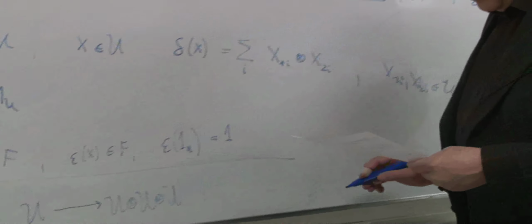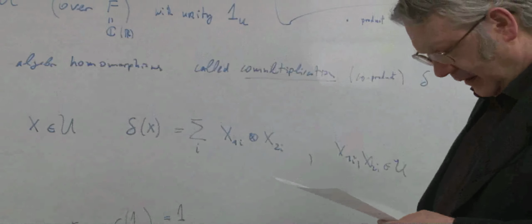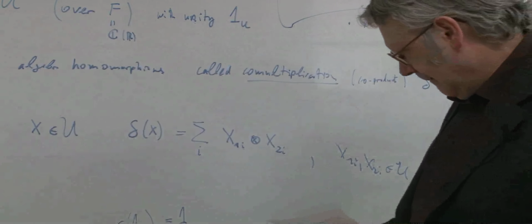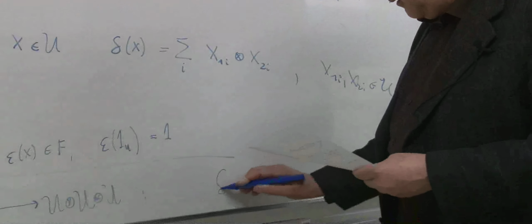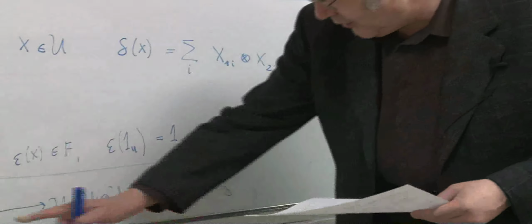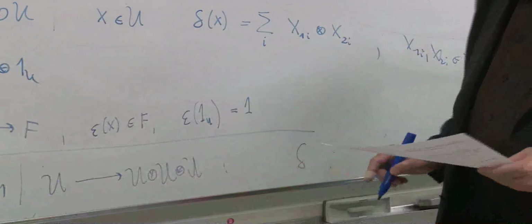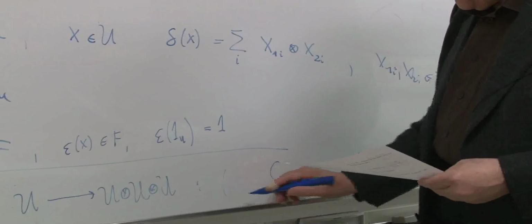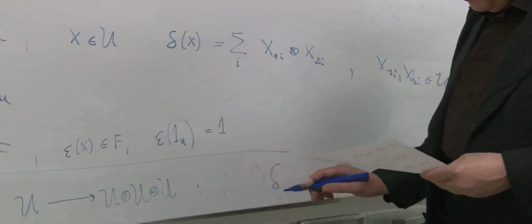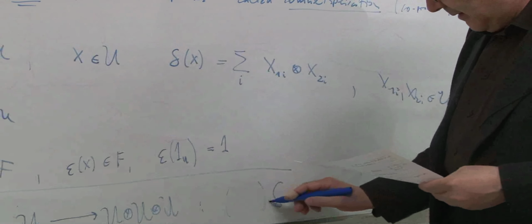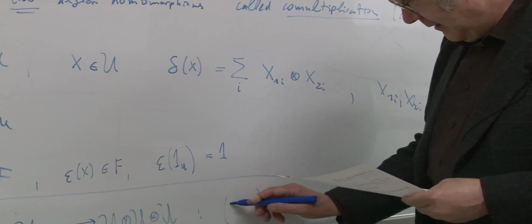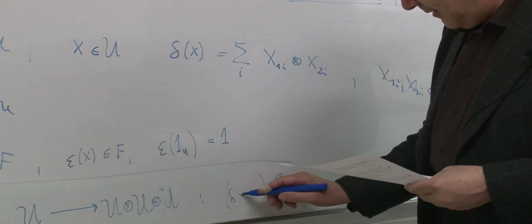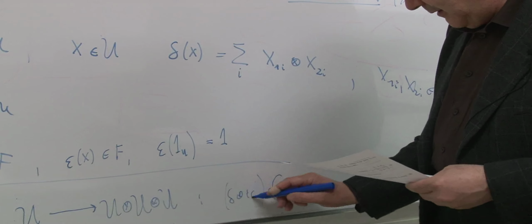It is the following thing: if I apply first the map delta, which means that I'm going from here to here, and then I apply delta once more times the identity.